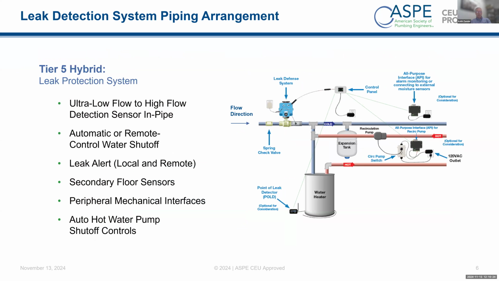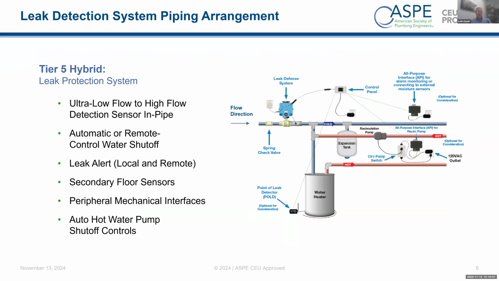What I'm showing you here is a bullet point summary of the leak defense type system, giving you some basic components and a simple diagram to help you understand. Everything in the diagram on the right-hand side in blue font is part of the leak protection system that you, as a specifying engineer, can specify.